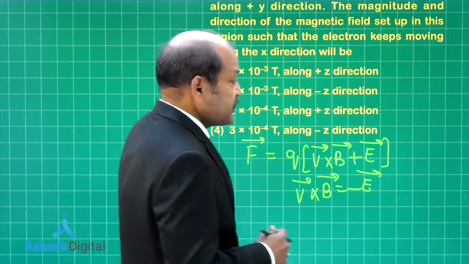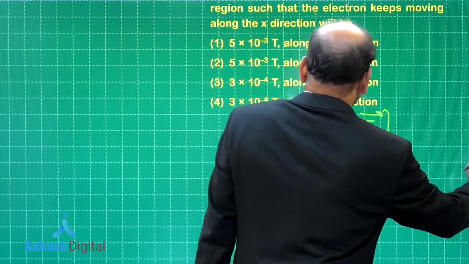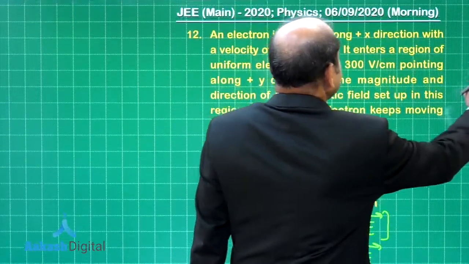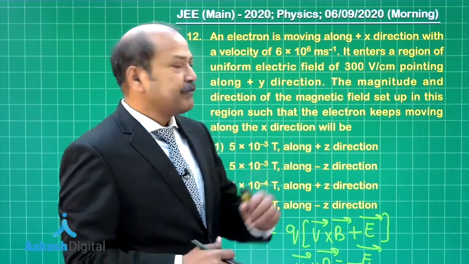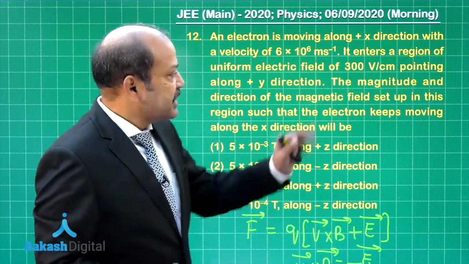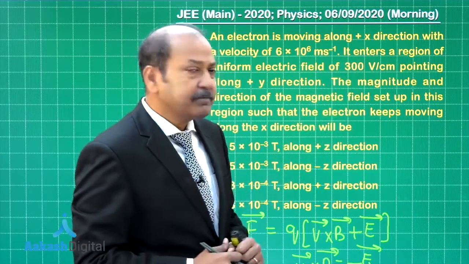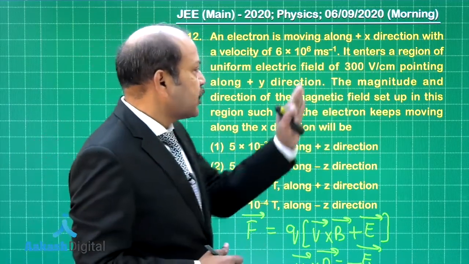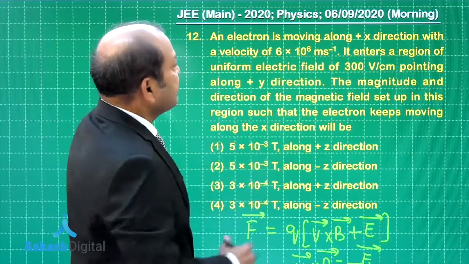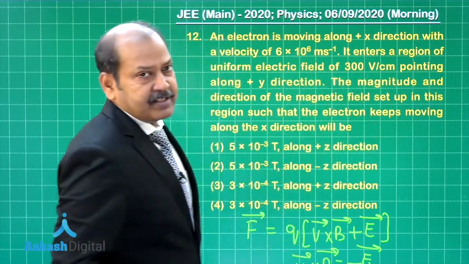Now, if that is so, let us also show the electric field, which is given as 300 volt per centimeter. If we convert this into SI, this becomes 300 into 100, that means 3 into 10 to the power 4 volt per meter, and is directed along the y axis, and the particle is moving along the x direction.